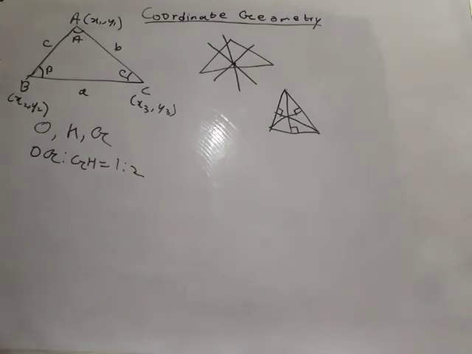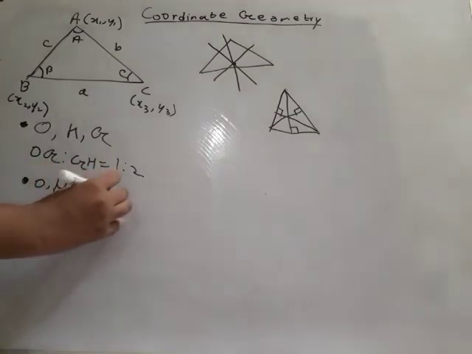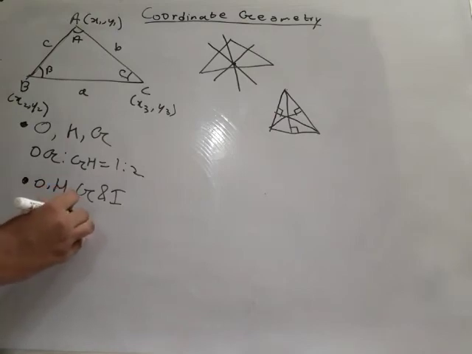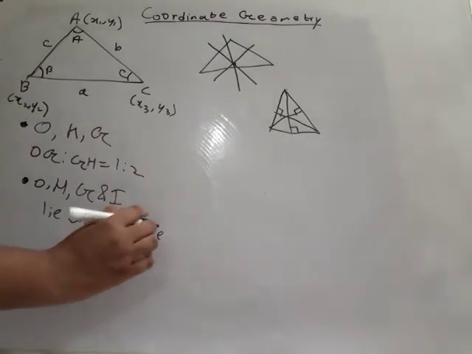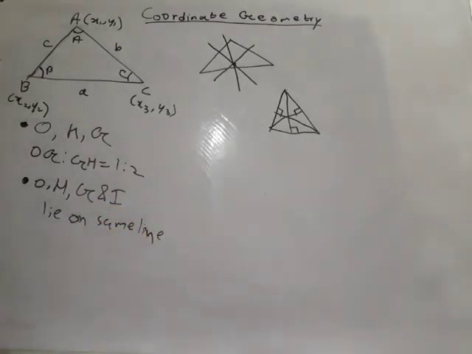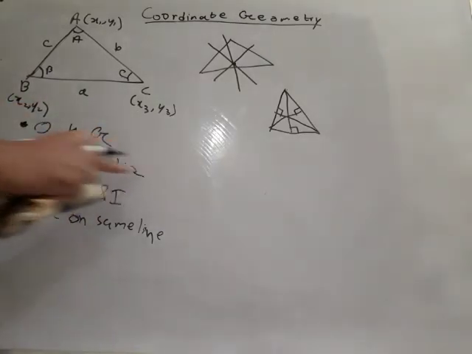And for an isosceles triangle, O, H, G and I lie on the same line. So they are collinear. In an isosceles triangle, the orthocenter, circumcenter, centroid and incenter are collinear, and in any triangle, the orthocenter, circumcenter and centroid are collinear, with the centroid dividing OH in the ratio 1 to 2.